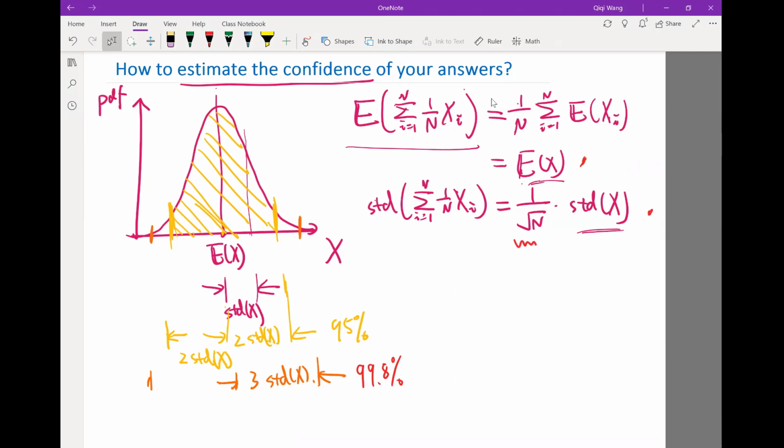And don't forget this 1 over square root of n, right? If you just take the sample standard deviation and do plus minus 2, you are going to get a very wide confidence interval. That's going to tell you I'm completely not confident. But in reality, when you increase the number of samples, you actually shrink your confidence interval, which is good, which means you are more confident. All right, questions?